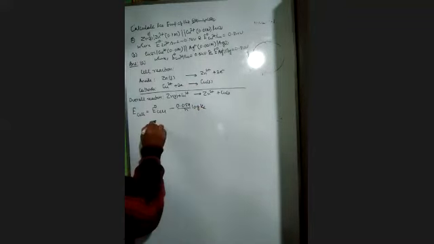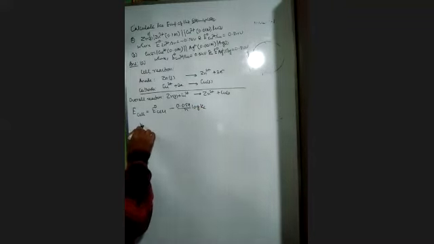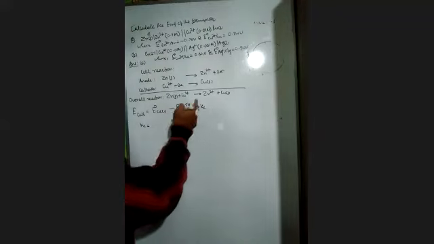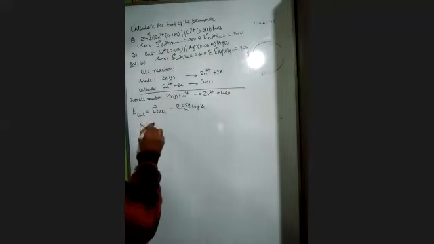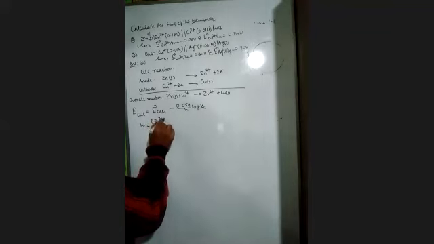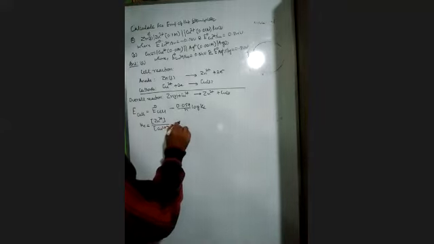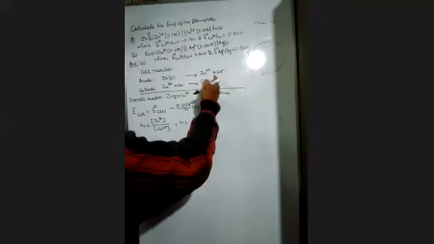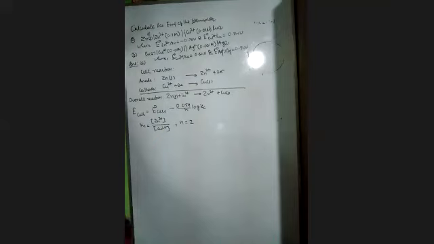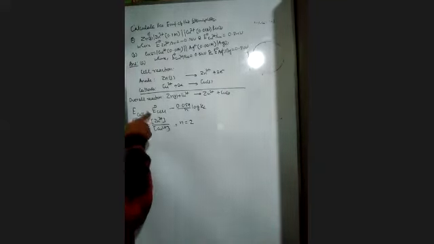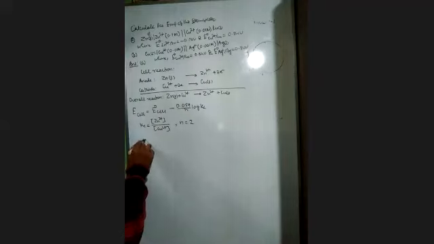Kc is equal to Zn2+ over Cu2+. And second, what is the value of n? See here, 2 moles. So this we know, now this we know. Then you have to find E0 cell.